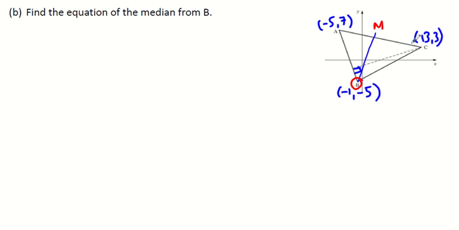I need to find the midpoint of AC. I then need to find the gradient of BM, and then I need an equation, so I'll substitute in the coordinates for B.